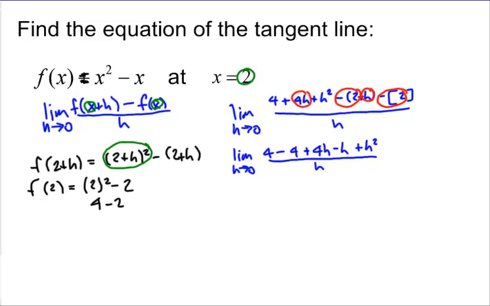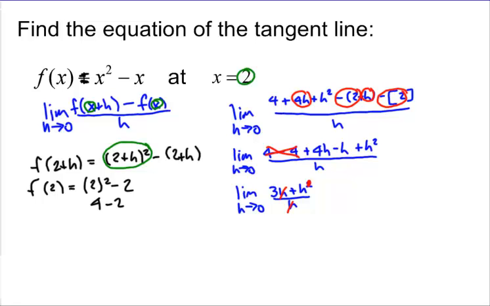And these guys go away. 4h minus h is 3h. So I've got 3h plus h squared over h. And since I have h in each term, these two guys cancel out.